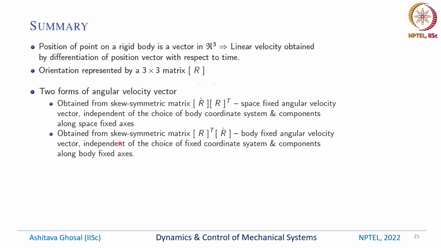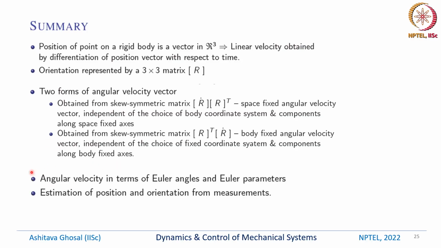We can also obtain a skew-symmetric matrix which is R transpose R dot, and the angular velocity vector obtained from this skew-symmetric matrix is called the body fixed angular velocity vector. This is independent of the choice of the fixed coordinate system, with components along body fixed axes. The angular velocity vectors from these two are related by a rotation matrix, and we can also obtain the angular velocity vector in terms of Euler angles and Euler parameters if it is required.